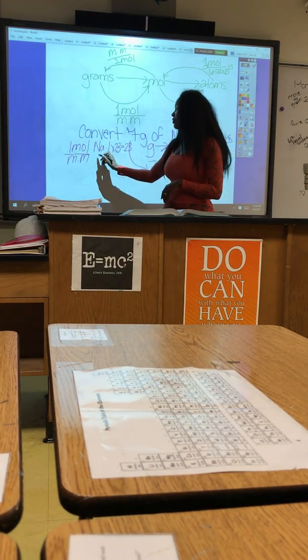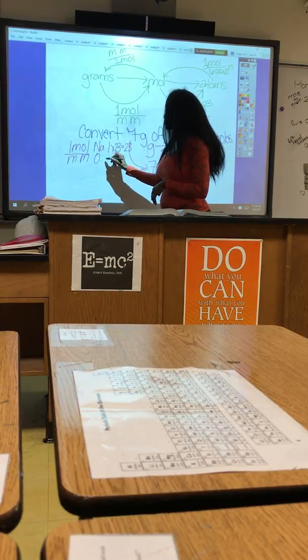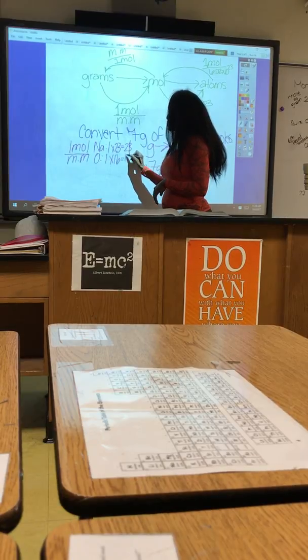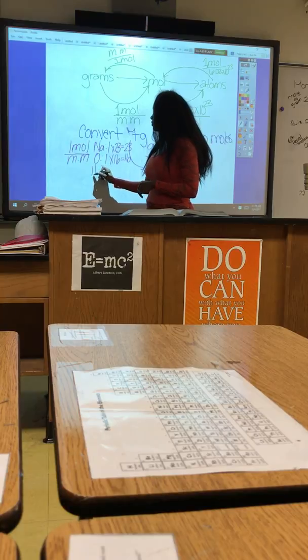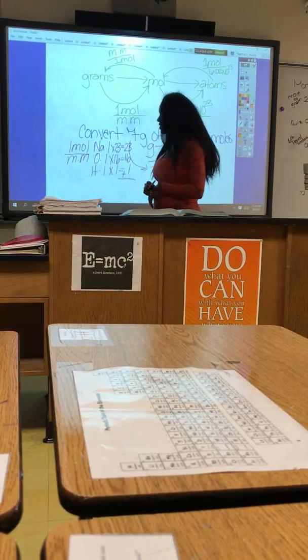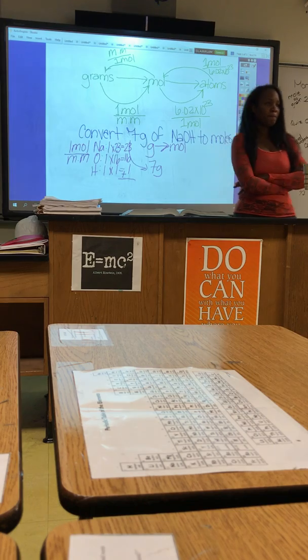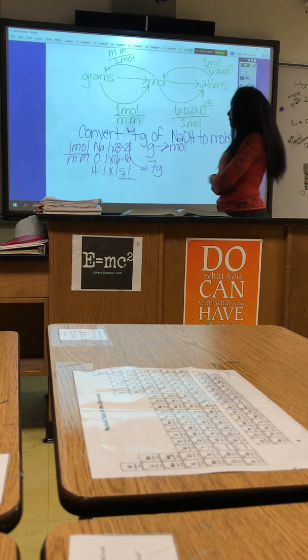How many do we have? 1. 1 times 16 gives us 16. And then we have our hydrogen. Isn't that 1 times 1? So let's add these up. What do we get? 23 plus 16 plus 1 is 40.